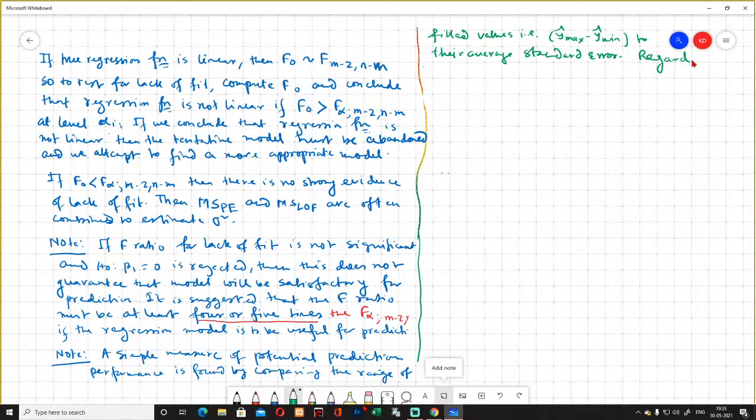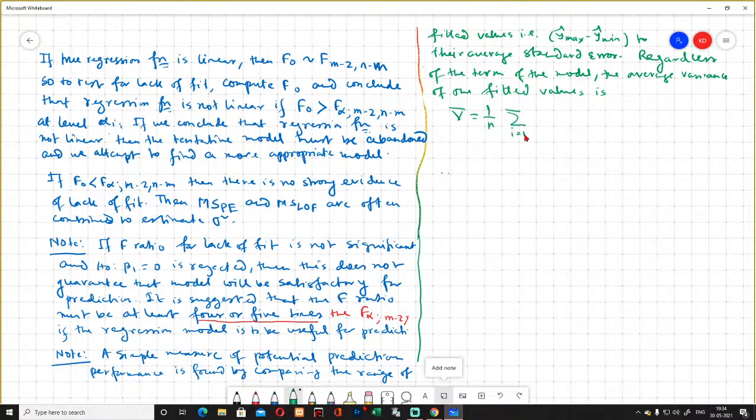Regardless of the form of the model, the average variance of the fitted values, which I denote by V bar, equals 1 by n times the sum over i from 1 to n of the variance of yi hat, which is simply equal to k sigma square by n, if you use k parameters.